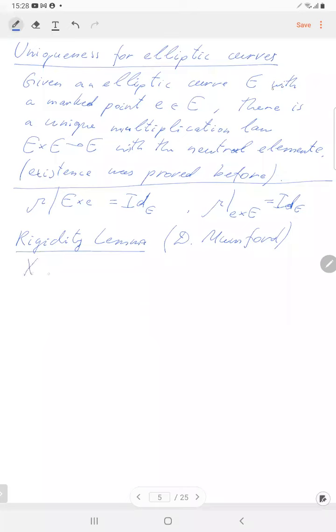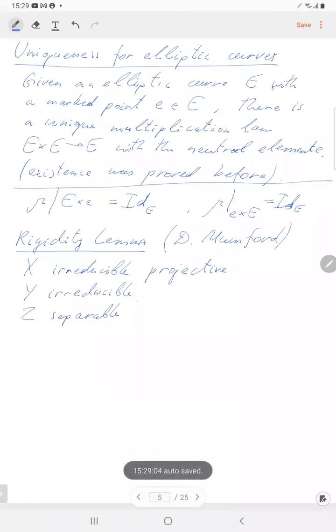So X is irreducible and projective. Then Y is also irreducible. And Z is separable, and irreducible, as you will see.